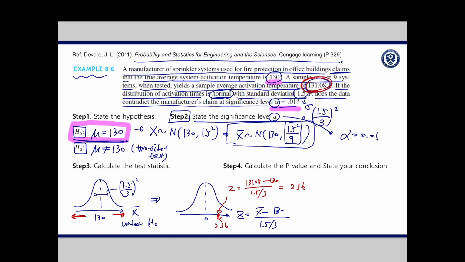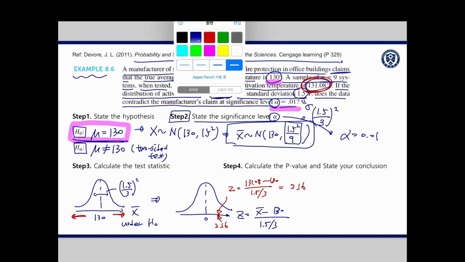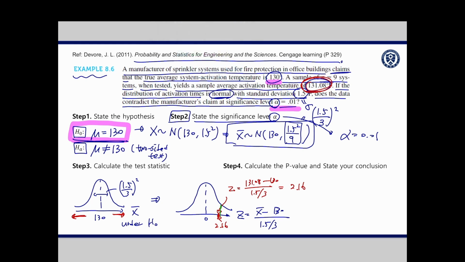Okay, as it is a two-tailed test, a two-sided test, the p-value is like this.